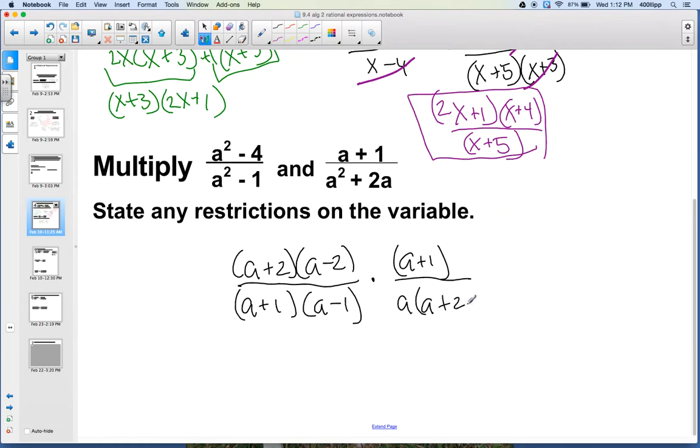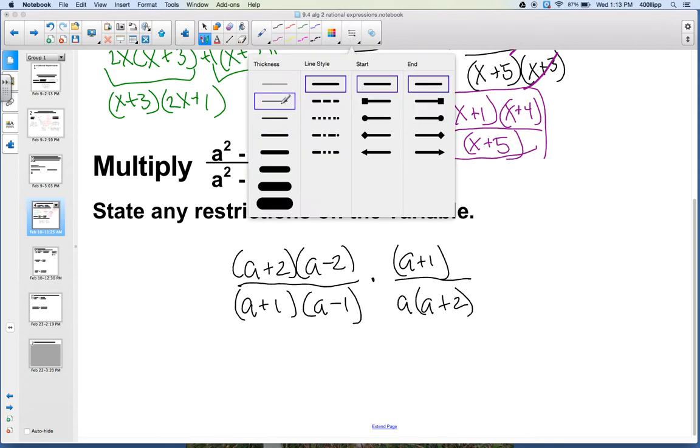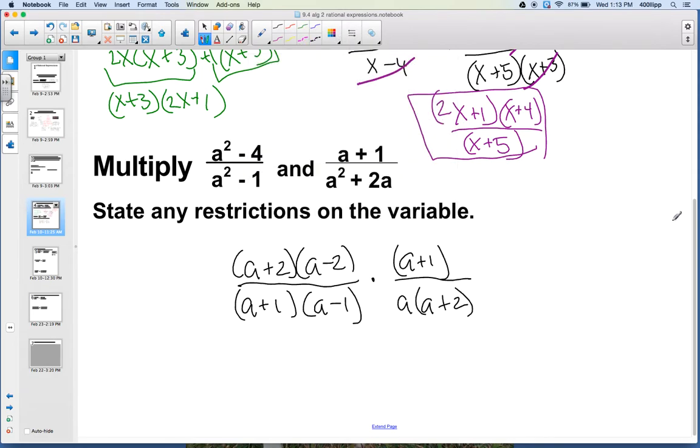Okay, so remember, before you go ahead and cancel anything out, we do have to find the restrictions. So we take all of the denominators, a plus 1, a minus 1, we can put them all together here, an a, and a plus 2.